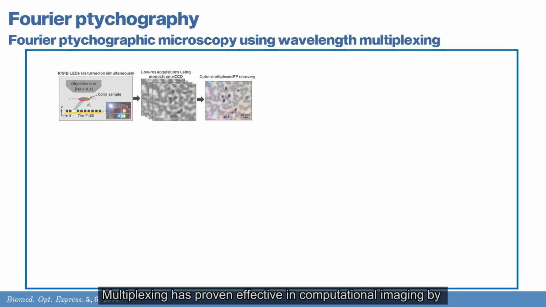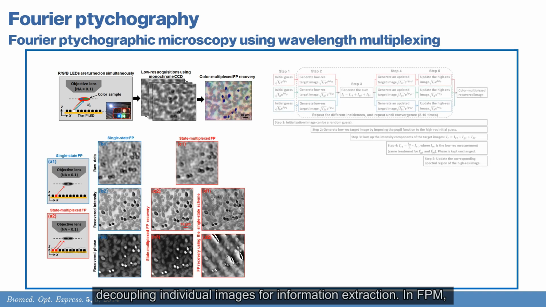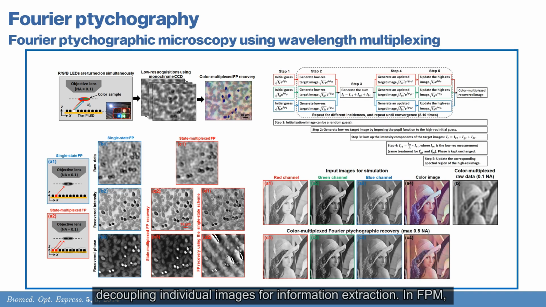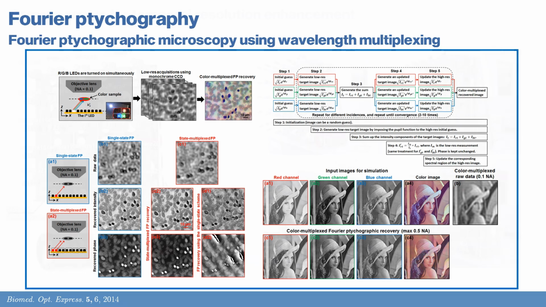Multiplexing has proven effective in computational imaging by decoupling individual images for information extraction. In FPM, multiplexing illumination reduces image acquisition without sacrificing data redundancy. Color cameras enable direct RGB channel separation but face photon efficiency and filter-induced downsampling issues.